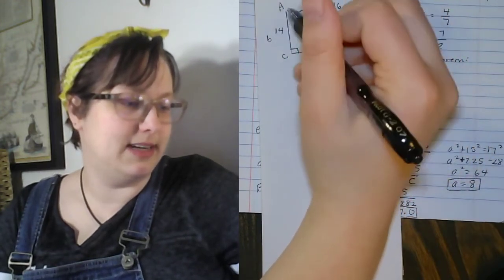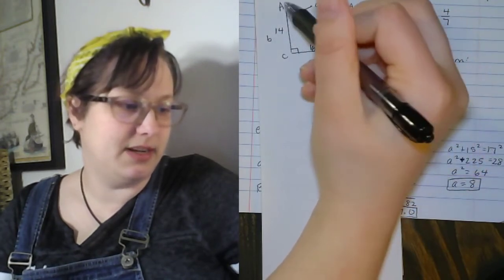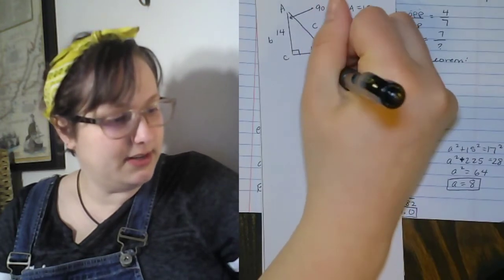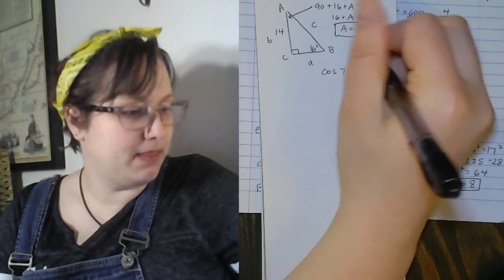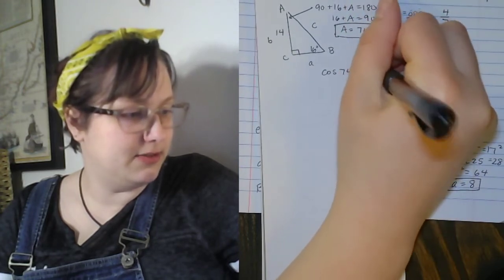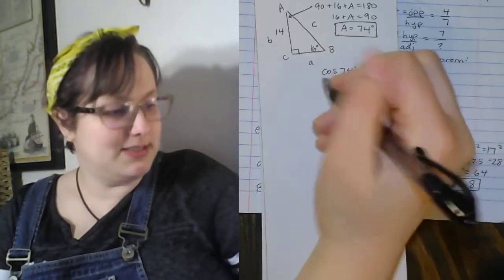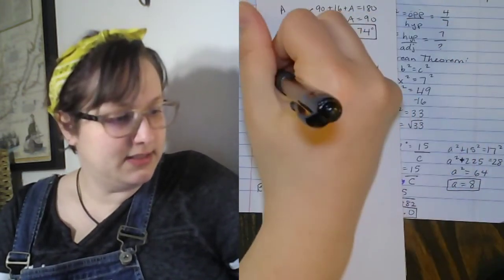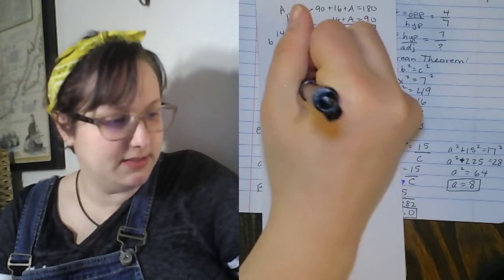I haven't done cosine. So let me do cosine really quick. I'm going to use cosine with this part of the triangle because cosine of 74 will equal 14 over c. But let me just list out the options that you could do. You could have done sine 16 equals 14 over c.